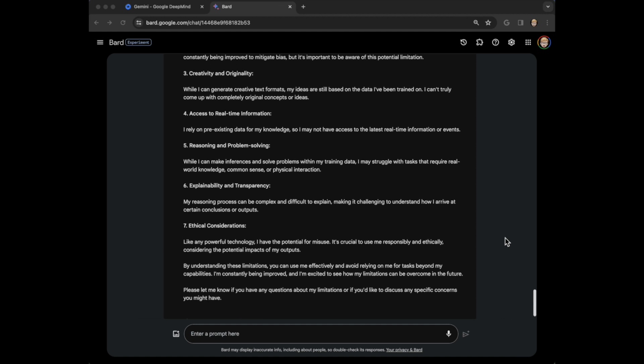Now, one thing in this creativity and originality, it mentions I can't truly come up with completely original concepts or ideas. Now, there was a recent article talking about some research where they were using AI and it was actually coming up with original concepts and ideas that it wasn't trained on.